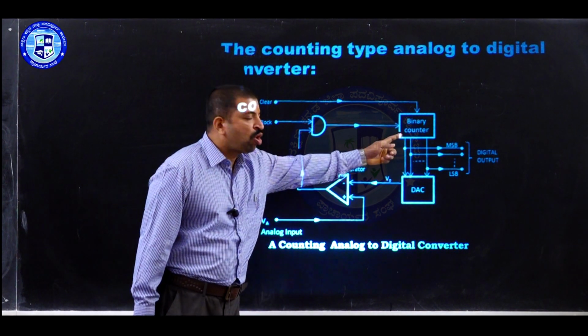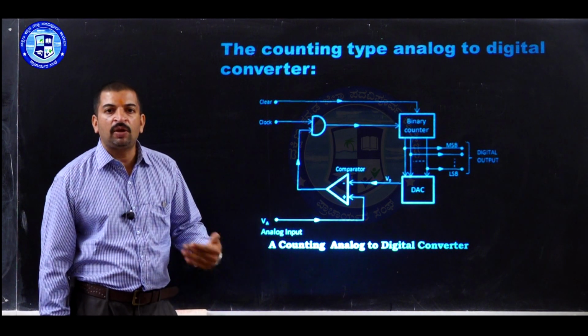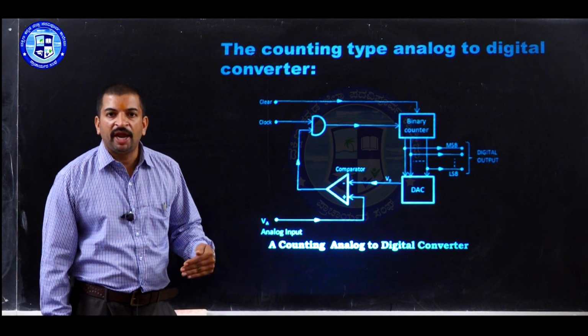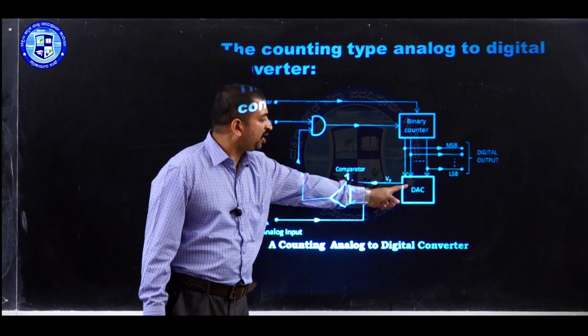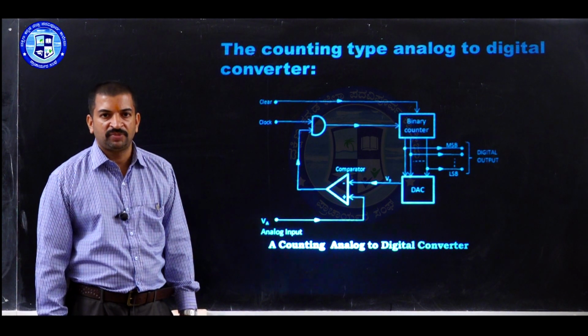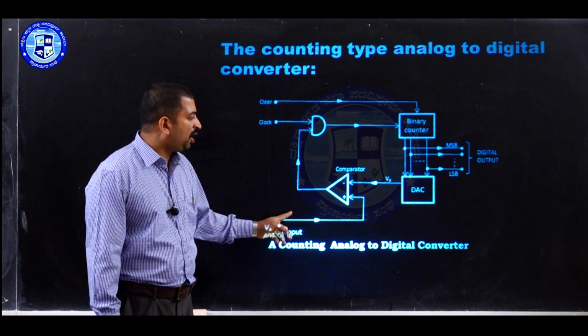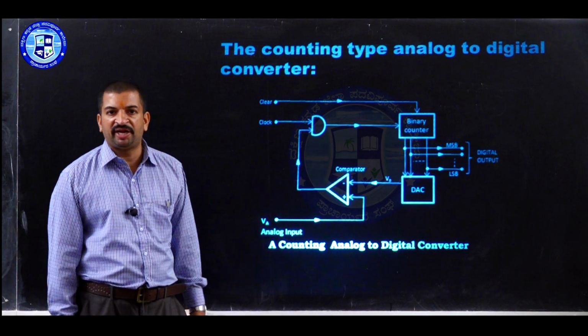Now the output of the binary counter is nothing but the digital equivalent of the analog input signal. The output of the counter is also connected to the input of a digital to analog converter. Now, the output of the digital to analog converter is used as one of the input to the comparator.